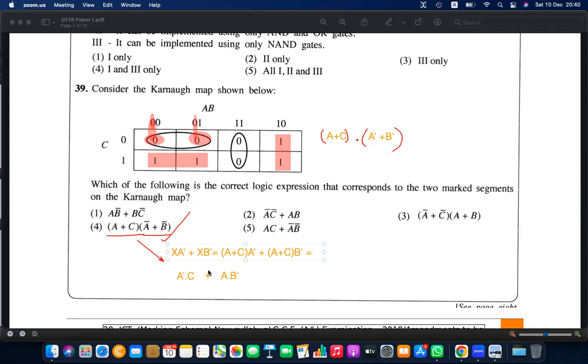Let's solve this further. Then you can write A naught C, A naught C. Then the next one, A B naught, and C B naught.